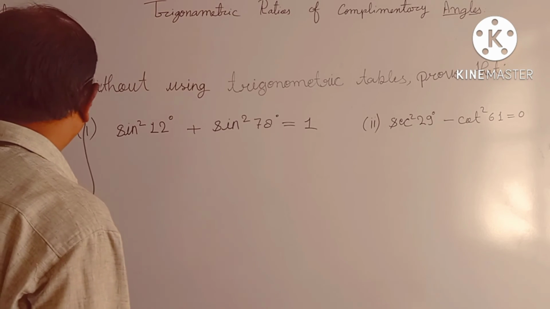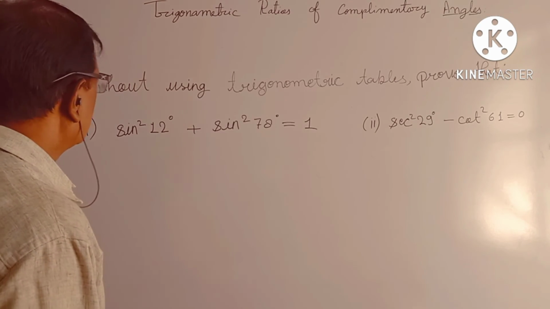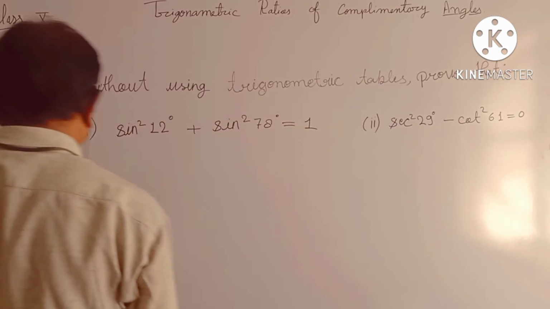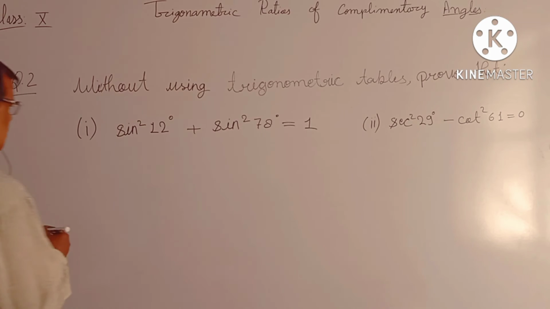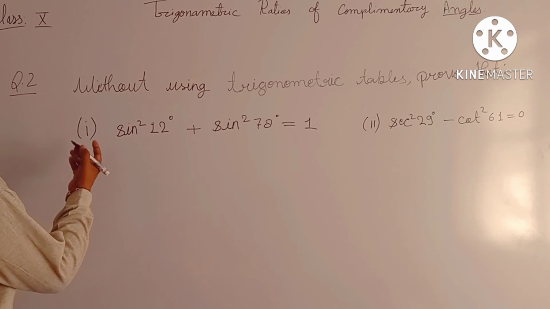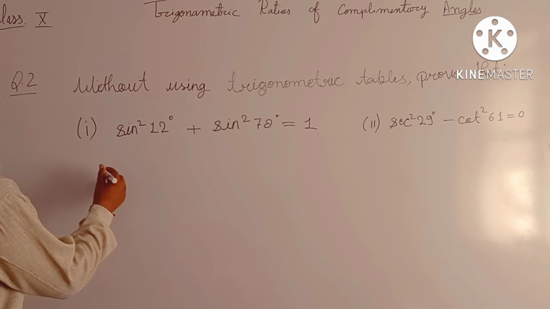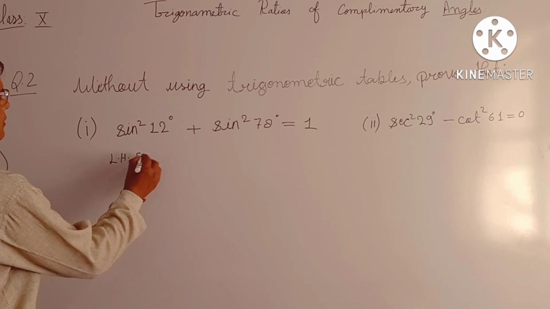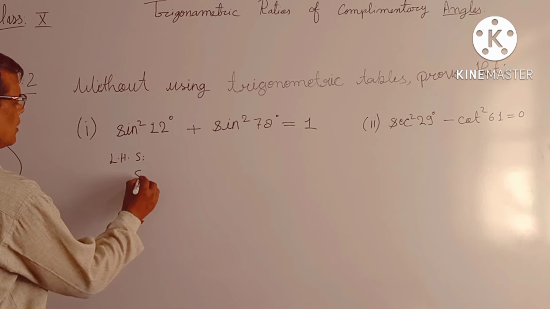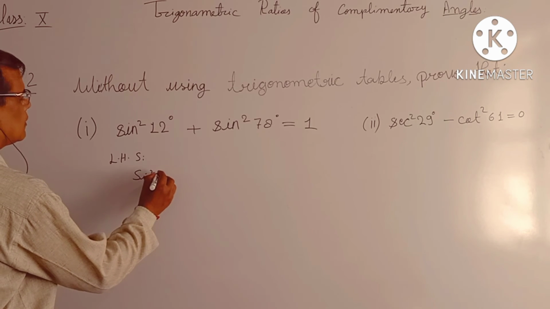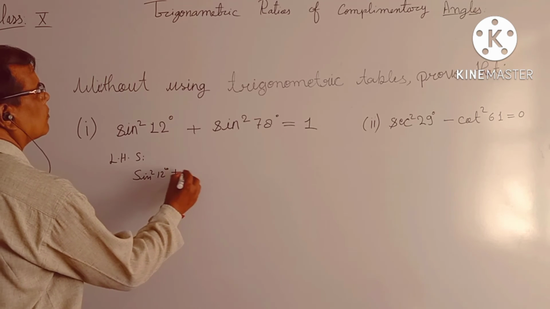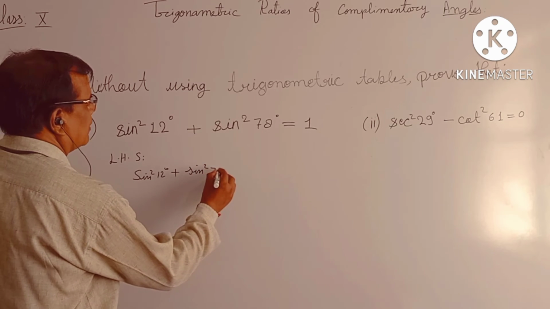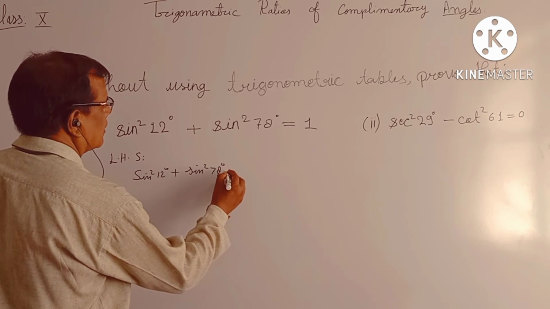Now we are going to solve question number 2 without using trigonometric table. Prove that. First we solve the first part. Left hand side is sine square 12 degree plus sine square 78 degree.